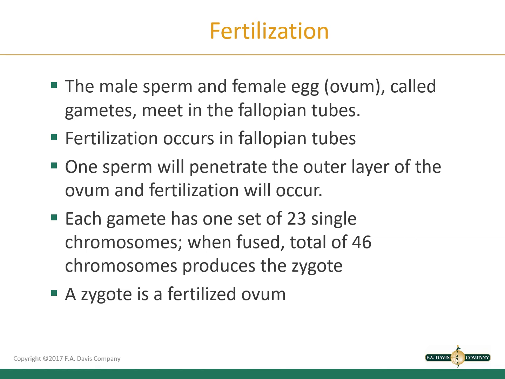Each gamete brings 1 set of 23 single chromosomes, and when fused, the total of 46 chromosomes produces a cell, which is called the zygote.